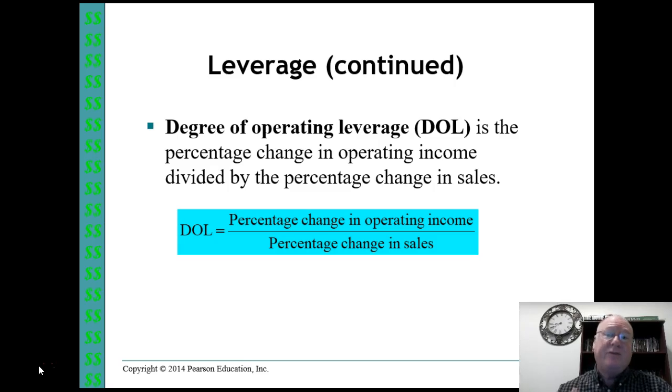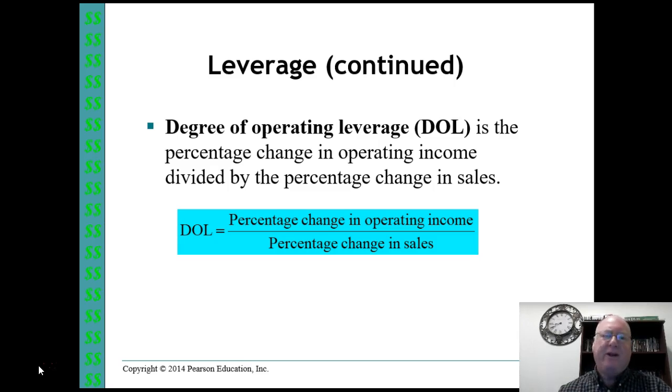This really allows you to zero in on how efficient you are being with your balance sheet, looking especially at your assets, because you're able to look at the efficiency of your fixed costs, things like leases and rents and depreciation, salaries of management personnel, and you're really zeroing in on your percentage change in operating income.